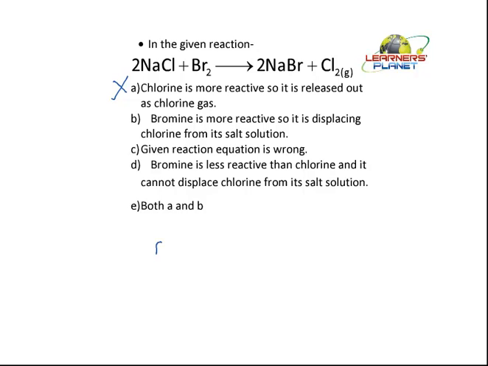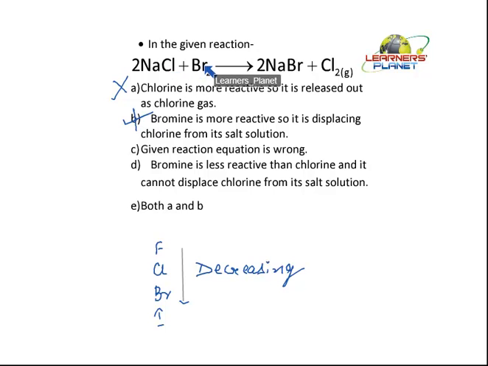Say I have fluorine in this group, chlorine, bromine and iodine. Their reactivities decrease down the group. So which is more reactive, chlorine or bromine? It is chlorine which is more reactive.